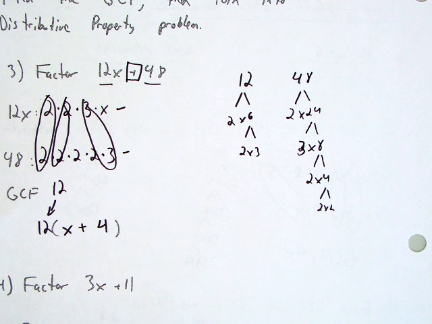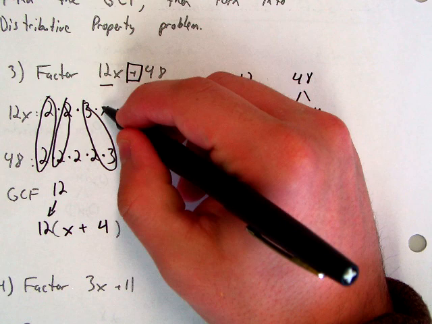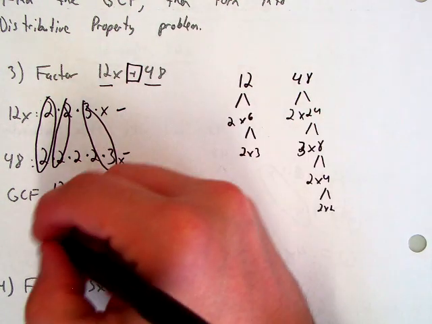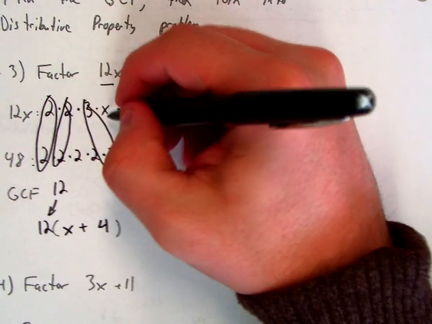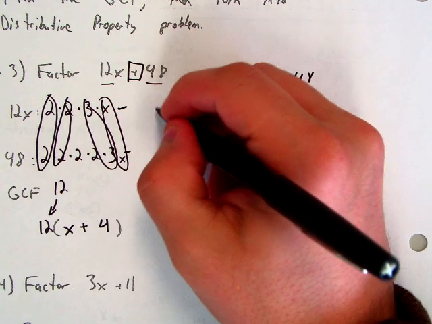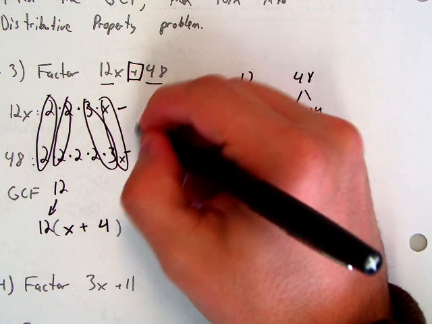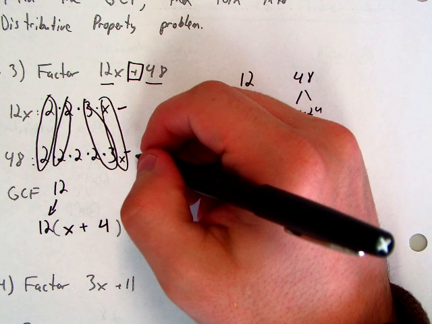If for some reason we would have had nothing left over in one of the areas, for example, if this would have been an x in both places, that would mean that this is also a pair, so there'd be nothing left up here. If that's the case, you must put a 1 in that location.